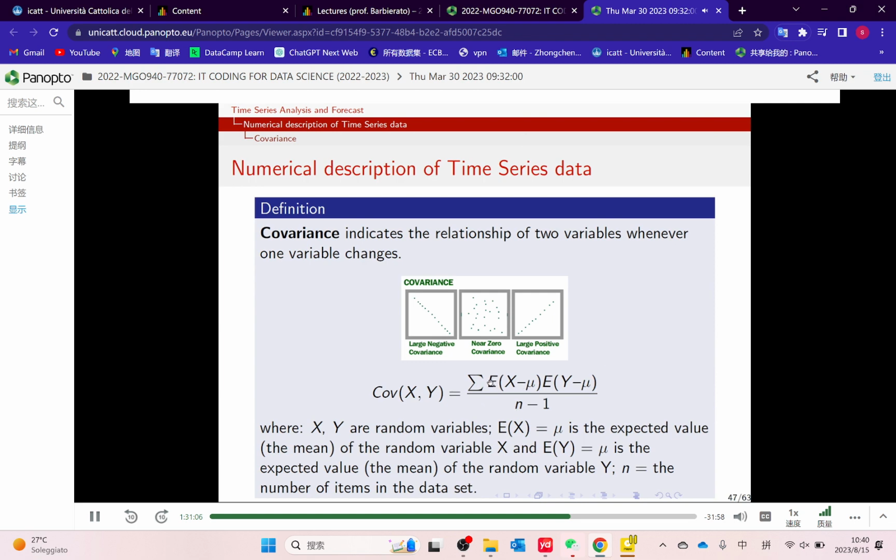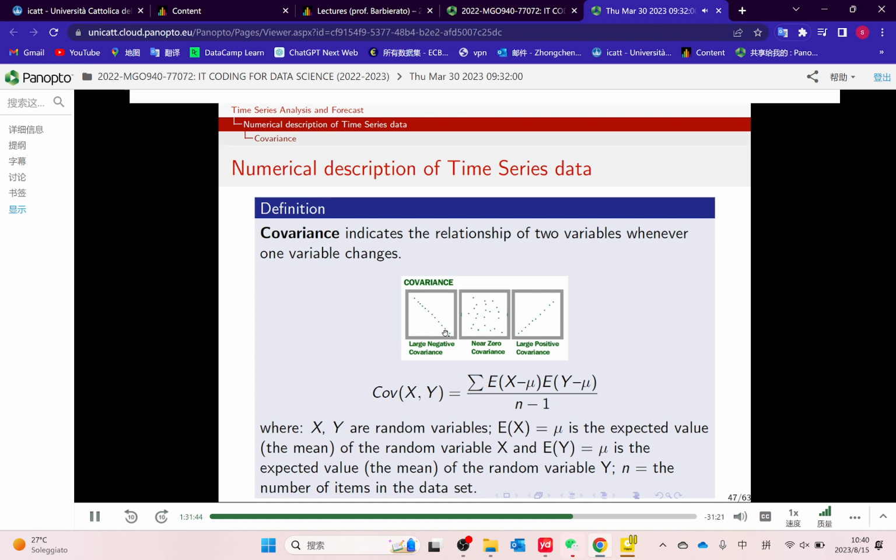You need to calculate the expected value of the difference between the x variable and its average, and the expected difference between the y random variable and its average. And then you just use a normalization factor, which depends on the size of the data you are considering. Basically, you are trying to see if there's a covariance, so a kind of phenomenon that you can reproduce computationally.